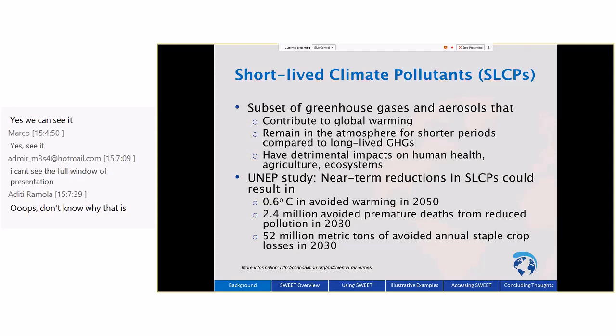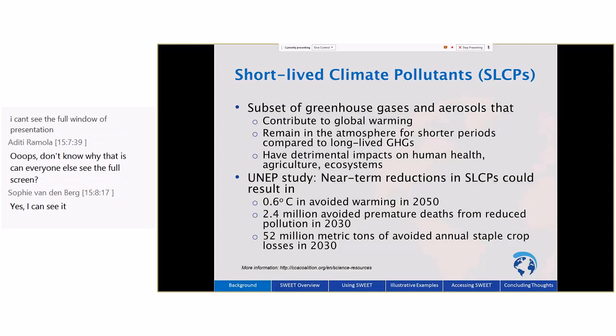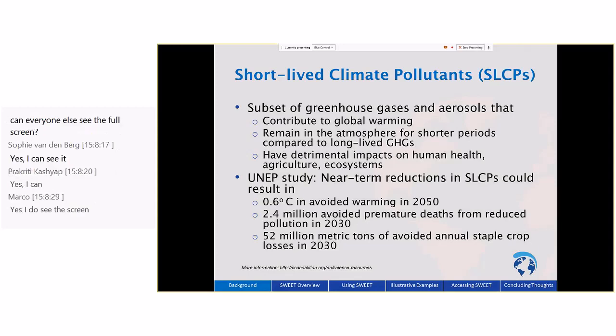Considering their strong impact on climate and health and other sectors and their short atmospheric lifetime, studies have looked at the near-term benefits of reducing SLCP emissions. A seminal UNEP study, that's the United Nations Environment Program study that came out about 5 years ago, estimated that by achieving near-term reductions in short-lived climate pollutants, we could avoid 0.6 of a degree Celsius in warming in 2050.